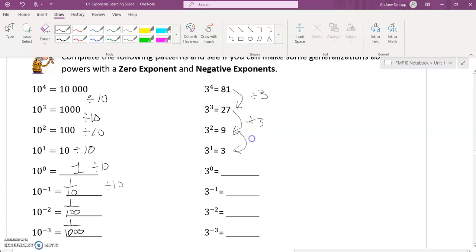So it's true for all of these first values that we have divided by 3 each time. So we could predict that that is also true for the next one. 3 divided by 3 is 1. And if we continue on, 1 divided by 3 is 1/3. 1/3 divided by 3 will be 1/9. And 1/9 divided by 3 will be 1/27th.